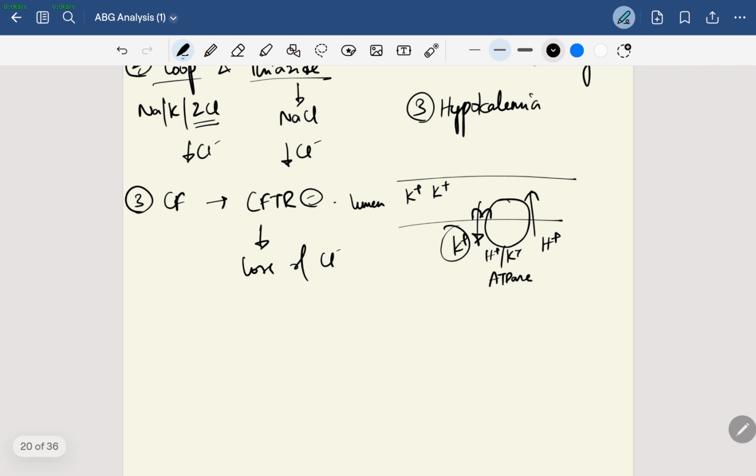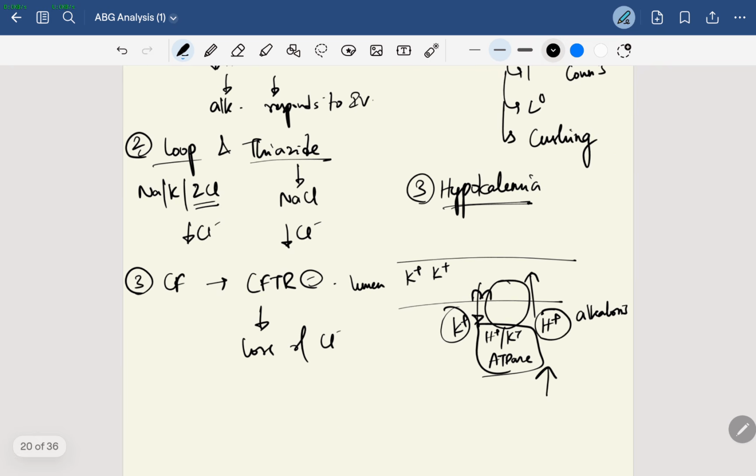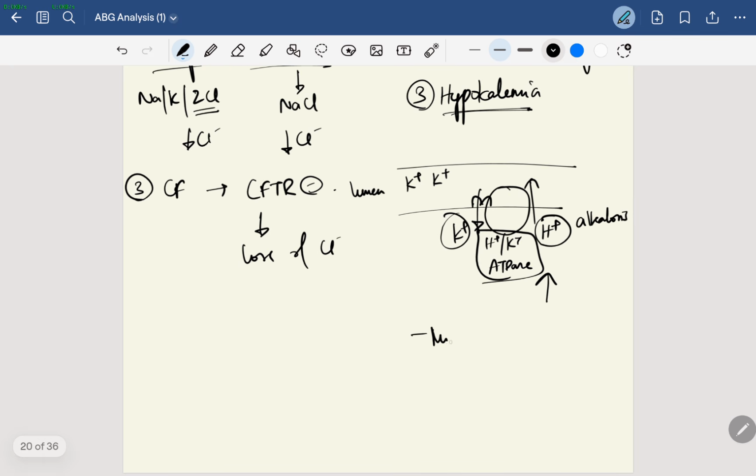So as a result, if there is hypokalemia, the activity of this transporter is increased. So there will be reabsorption of potassium and loss of H+, which leads to alkalosis. And in the case of increased aldosterone activity, this aldosterone directly stimulates this transporter. So it's the same mechanism. And another cause is milk alkali syndrome.